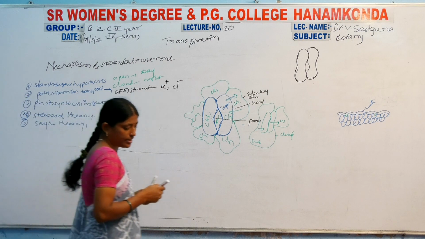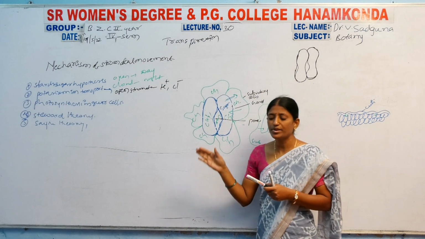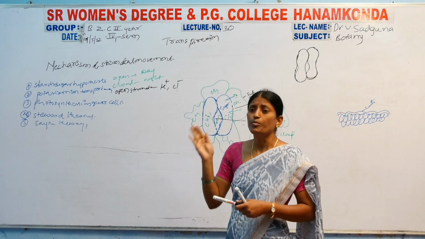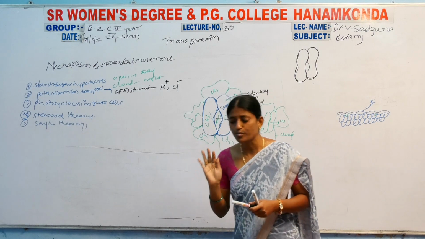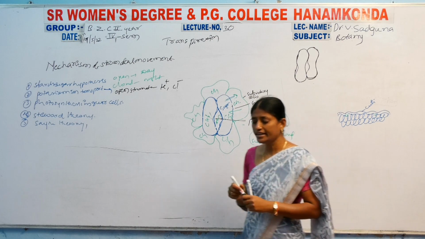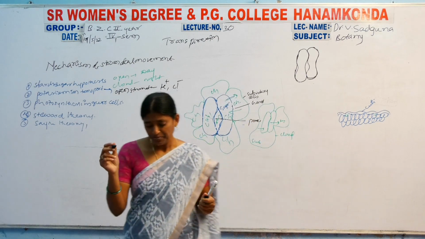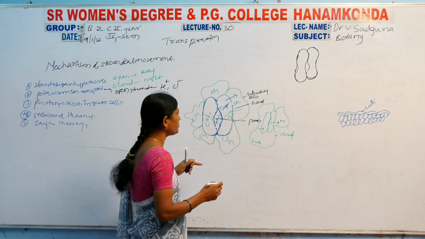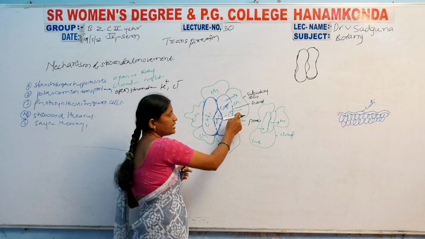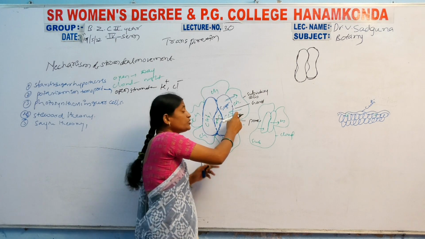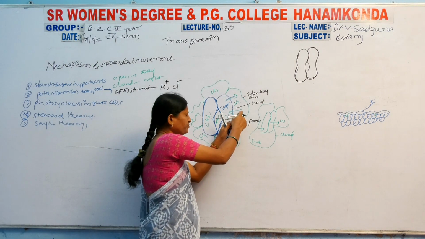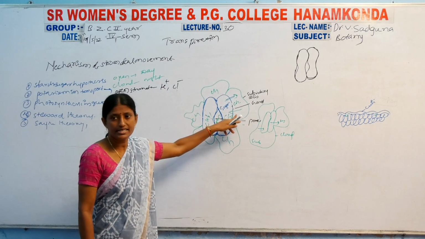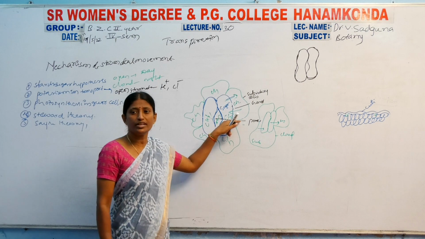Okay. Then that means it happens in the presence of the light. Whenever they have the presence of the light, the potassium ions enter from the subsidiary cells to guard cells. Where are the subsidiary cells? These are the subsidiary cells. So whenever there is sunlight, that is the open stomata, the pore will be open.